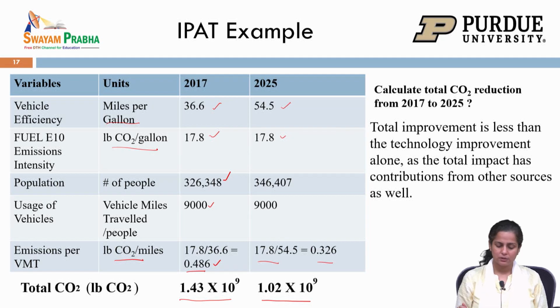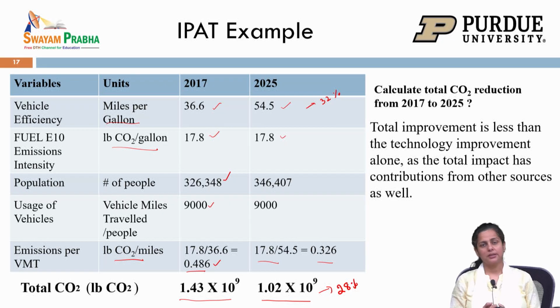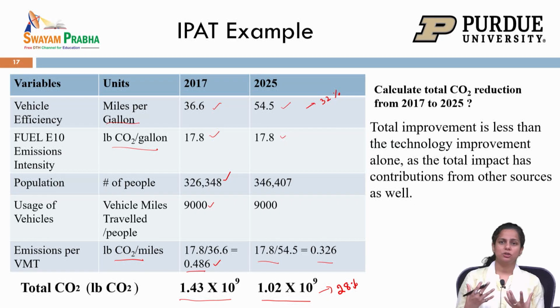For example, we have about a 32% improvement in efficiency, but our actual reduction in emissions is only about 28%. So what IPAT shows is that just improving on one pillar of the sustainability equation does not lead to the intended impact. So we need to of course consider all of those aspects.